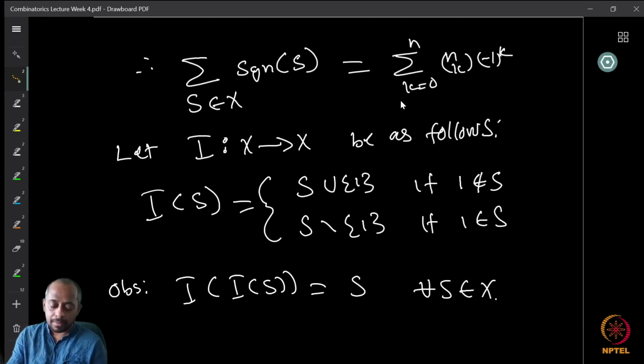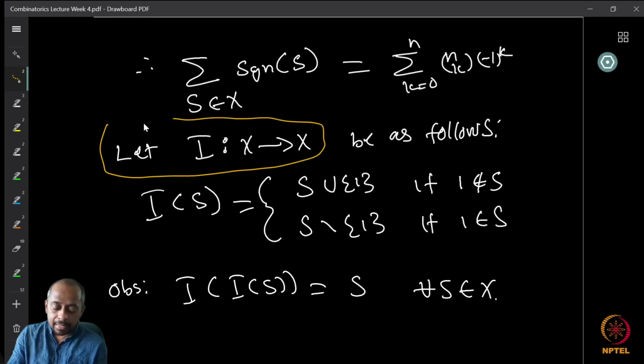Now let us define a function I from X to X as follows.